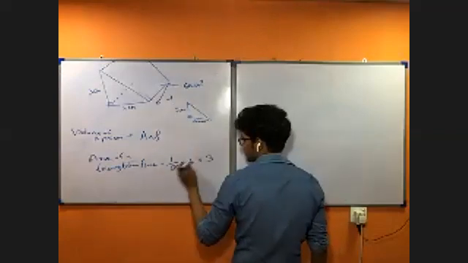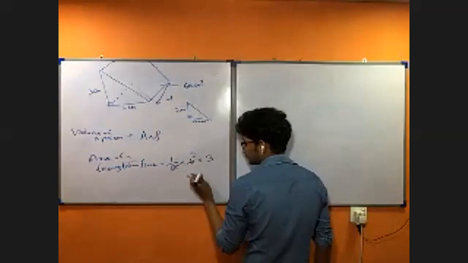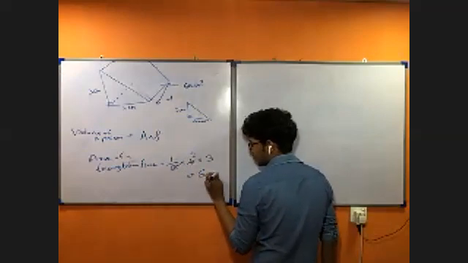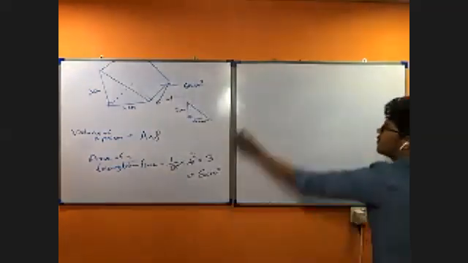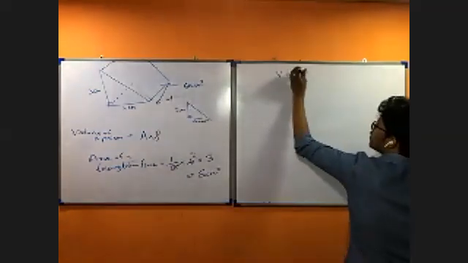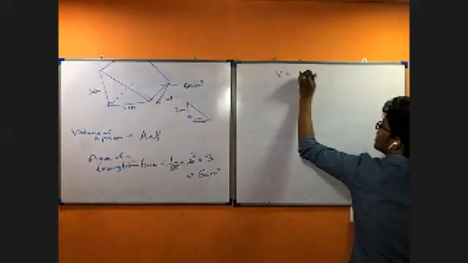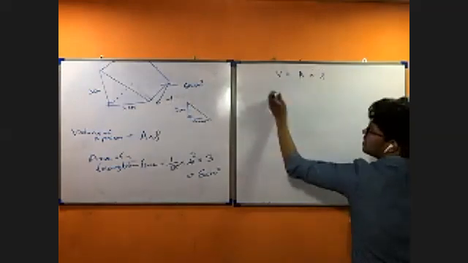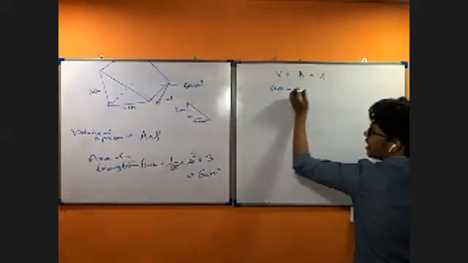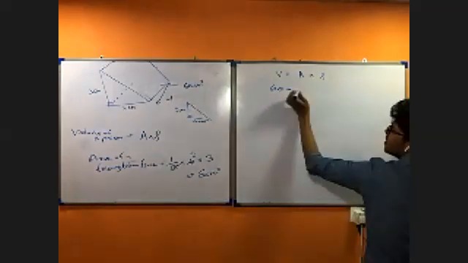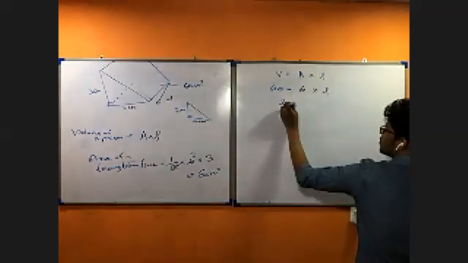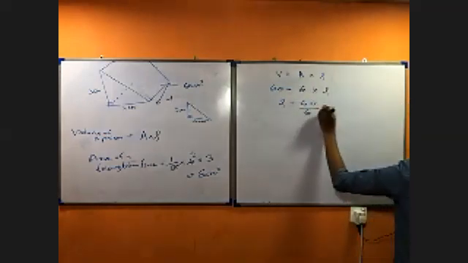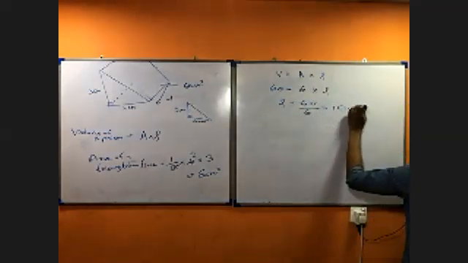So that is going to be 3 times 2, which is 6 centimeters squared. So now we know this is 6. We can find the volume: volume is equal to A times L. We know volume is 60 centimeters cubed, the area of the face is 6 centimeters squared, multiplied by the length. So the length is going to be 60 divided by 6, which is 10 centimeters.